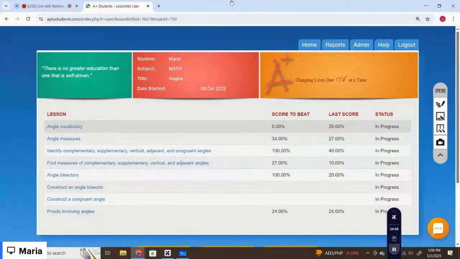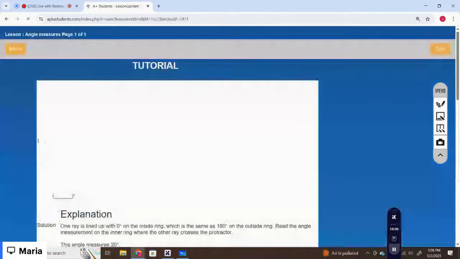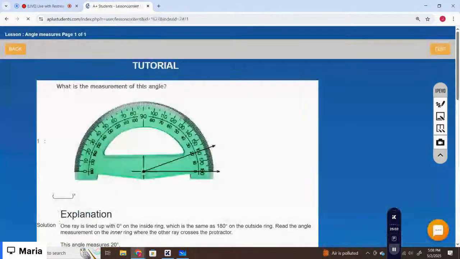The next lesson is angle measures. What is the measurement of this angle?